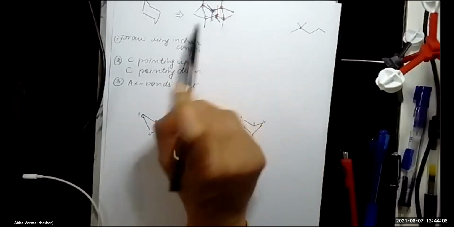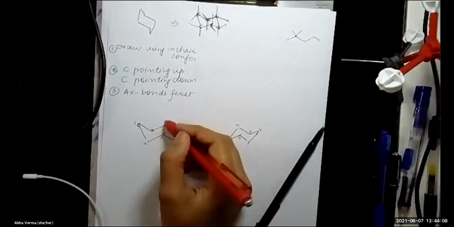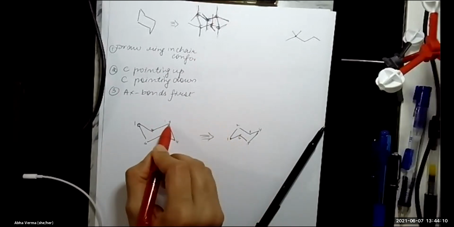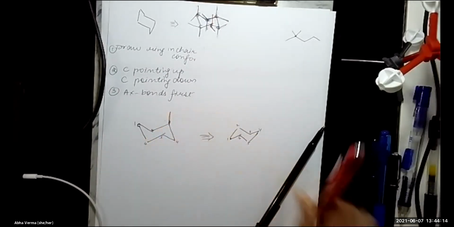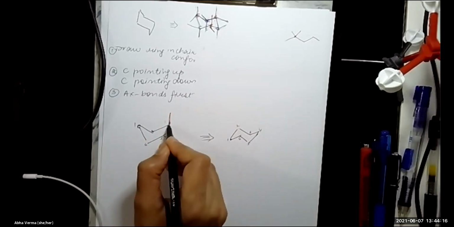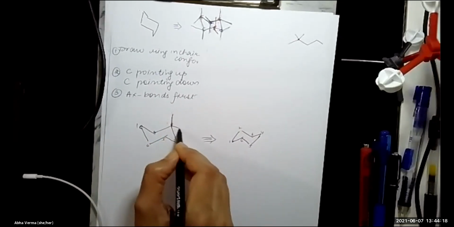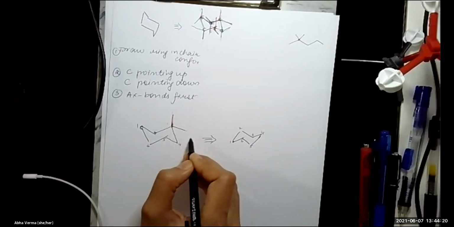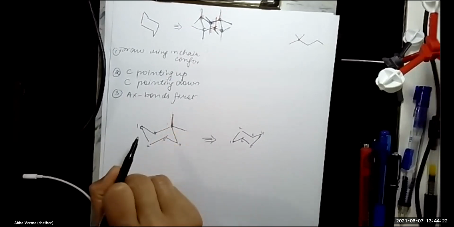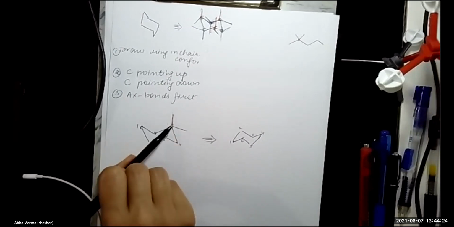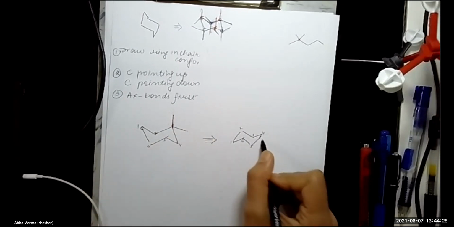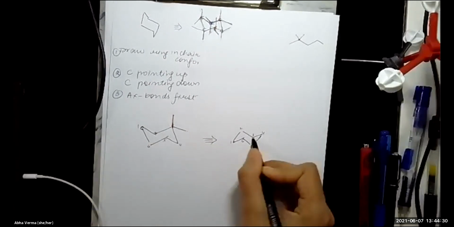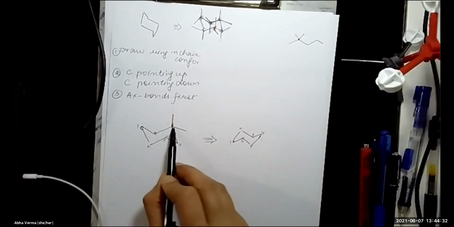Now I will go only with one of these. On carbon 3, which is going upwards, I will draw my axial bond upwards, my equatorial bond in a V shape going away from the ring, because axial was going upwards, my equatorial will go downwards. What would happen on carbon 3 right here? So this is 1, 2, 3.